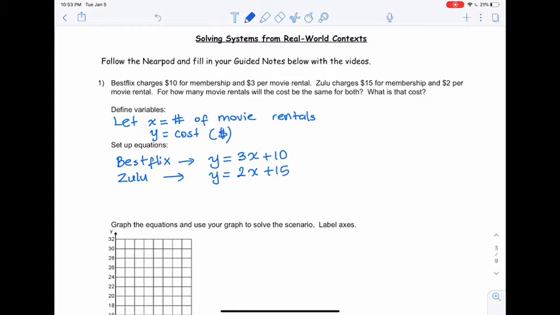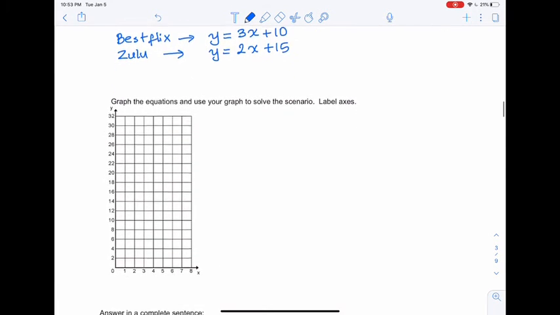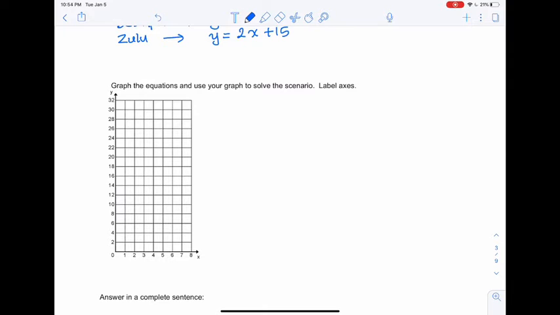Now let's graph it. We can use slope y-intercept form to graph these two equations. Let's label our axes. This is number of movie rentals, and this will be total cost.